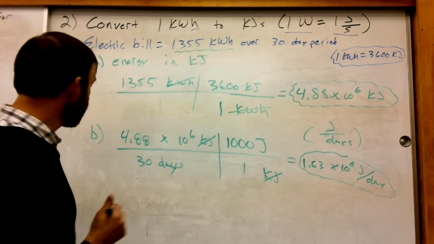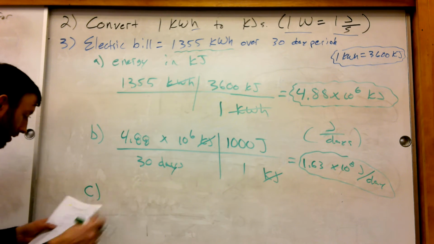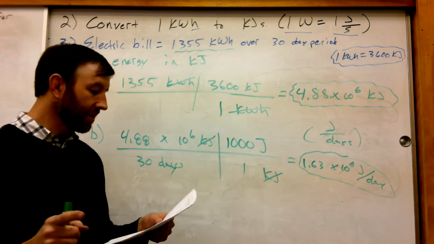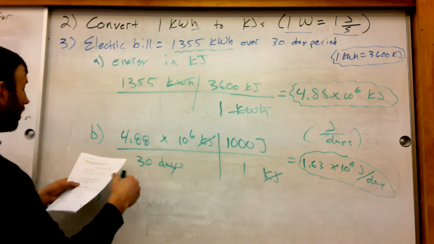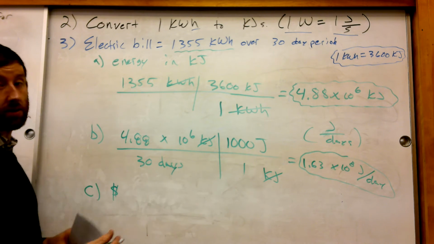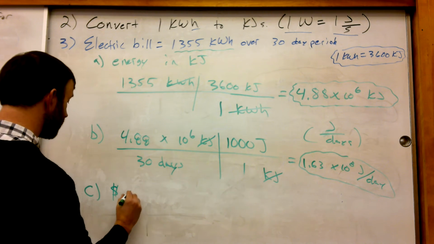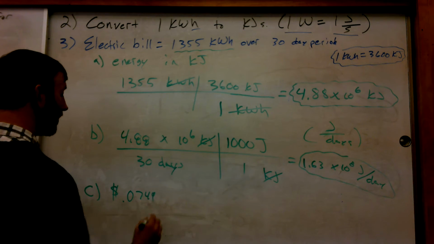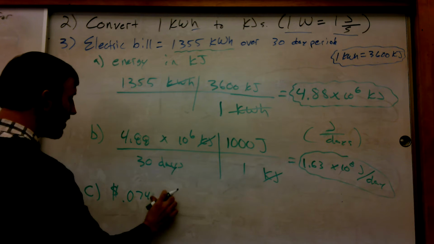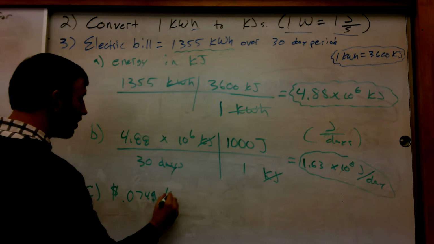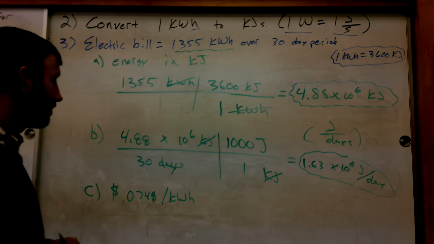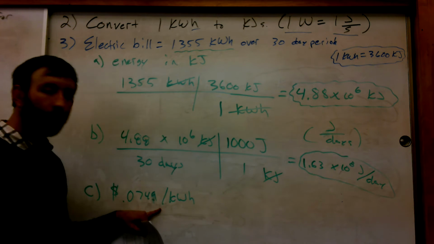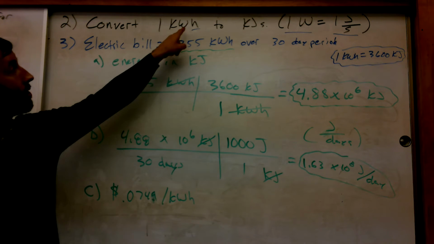So, then letter C. It says, at the rate of 7.49 cents per kilowatt hour. Sorry, excuse me. 7.49 cents. So it's 0.0749, right? So about 7.5 cents approximately per kilowatt hour. So that's the price we're paying for each kilowatt hour that we use.